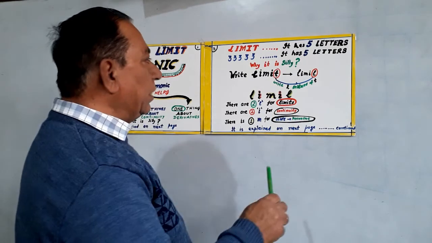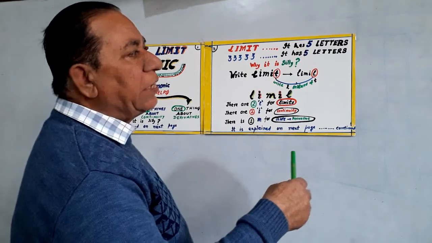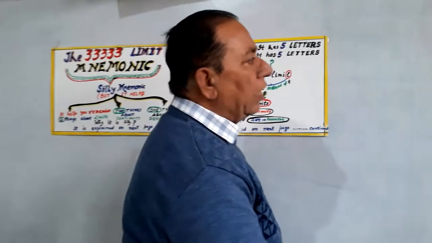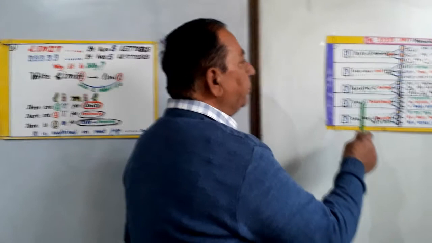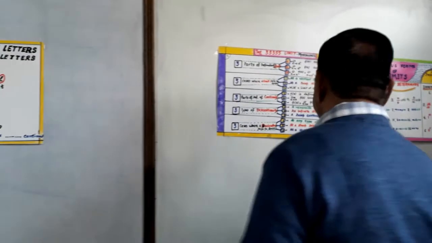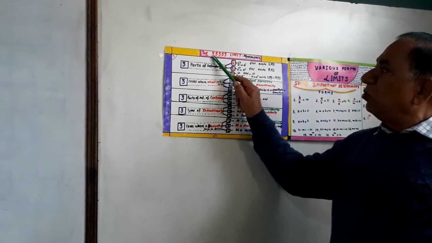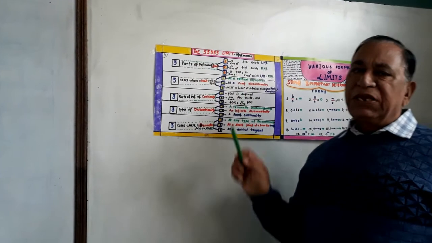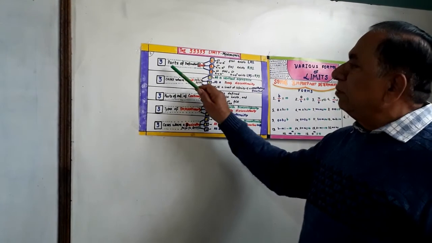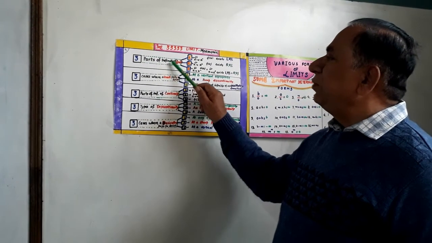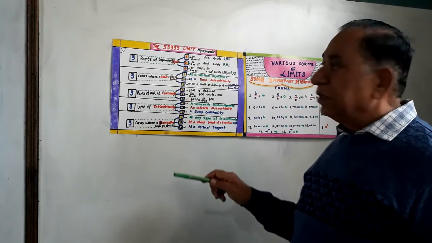Now I'll be taking you to my next notes. Now look here. Now I'm explaining why these 5 threes are there. Number 1, these 3 are 3 parts of the definition of limit.